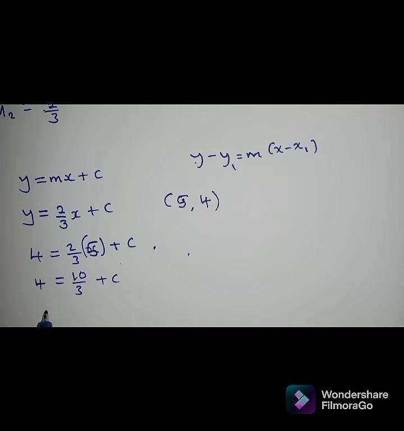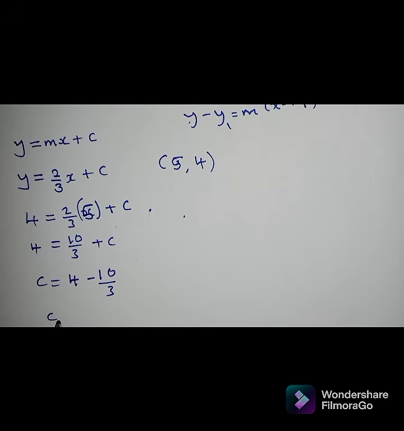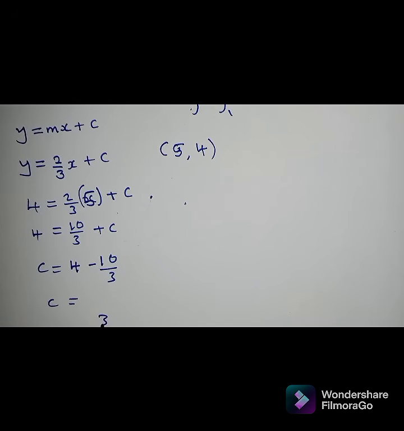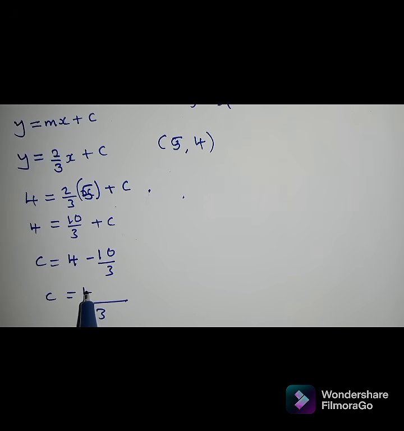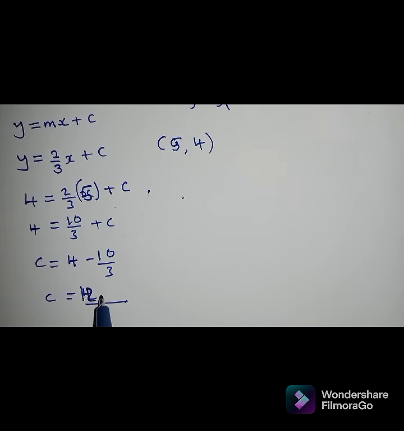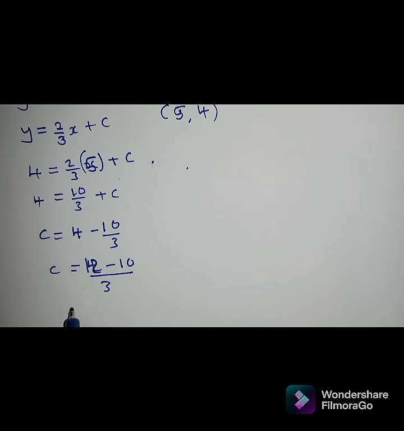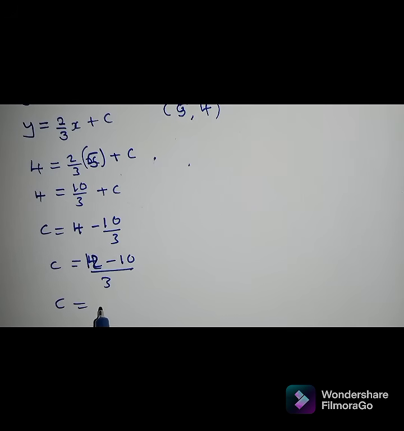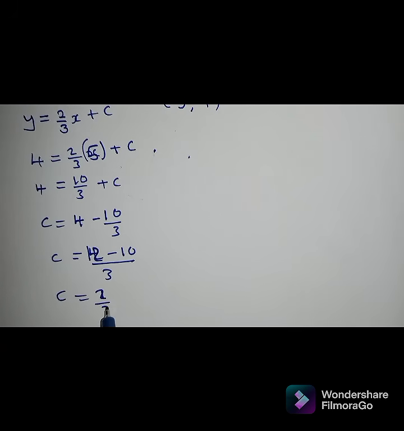We can group the like terms, so c is equal to 4 minus 10 over 3. Here we are solving for c. This will be 12 minus 10 over 3, so our c will be equal to 2 over 3.